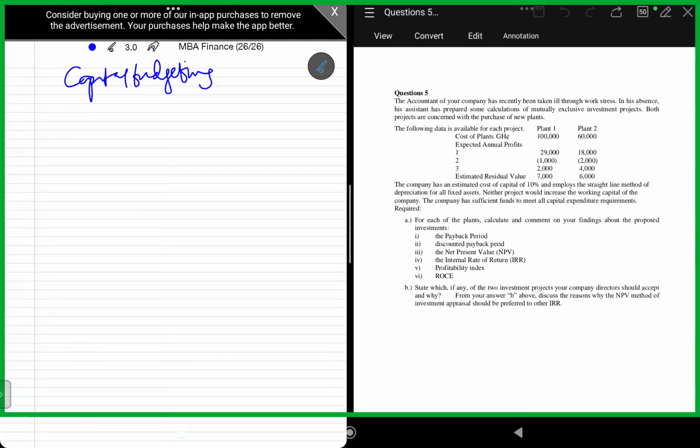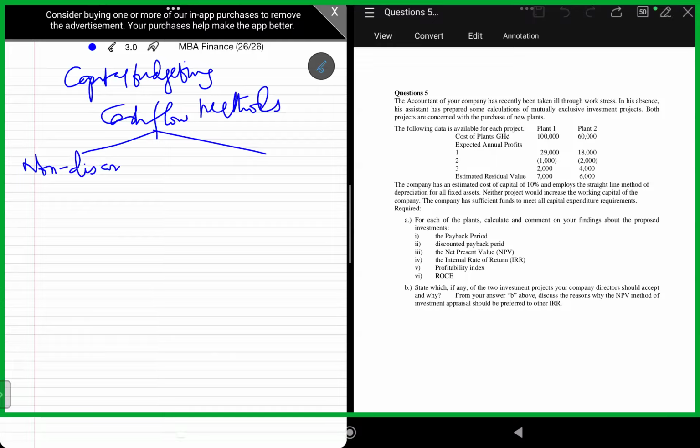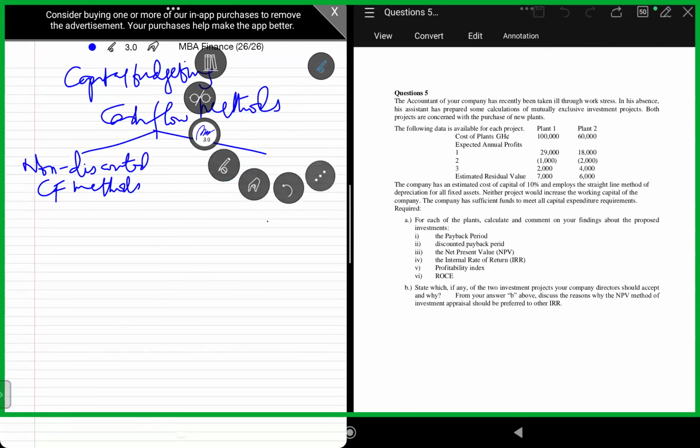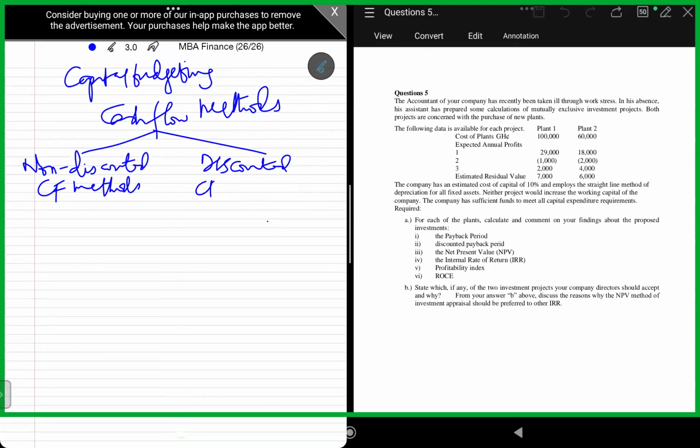Right. So we have methods used under capital budgeting. They are called cash flow methods. We have the non-discounted cash flow methods and the discounted cash flow methods.